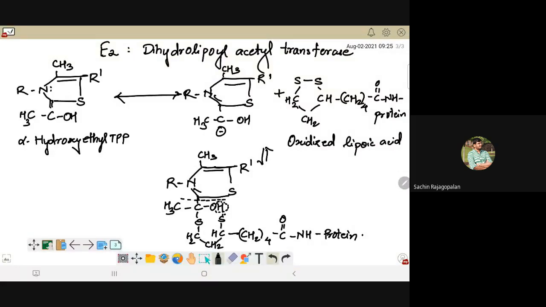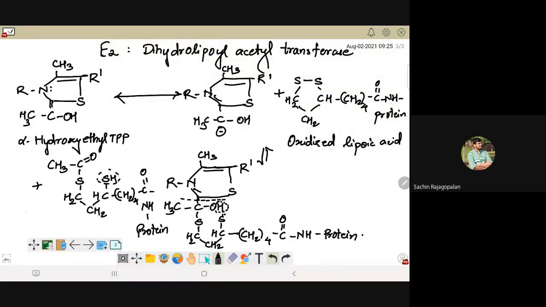Such that what is going to happen is that the compound that's going to be released will look like this: CH3C double bond O attached to the lipoic acid group, which looks like this. And that hydrogen which was removed from the hydroxyl group will be transferred to this sulfur, such that it forms a sulfhydryl group, and the rest of the lipoic acid group will remain as it is.